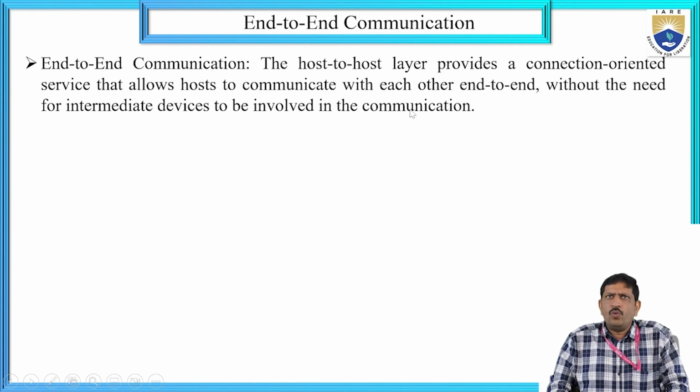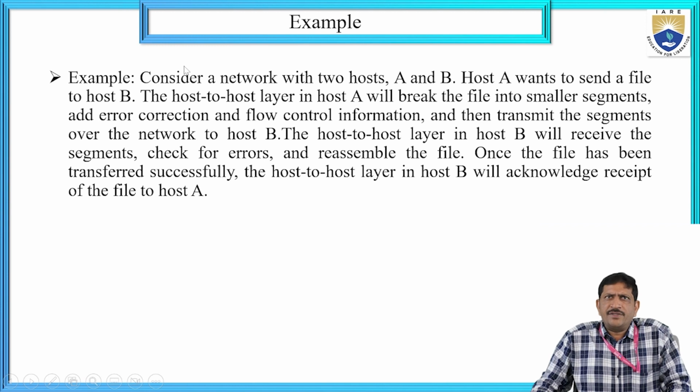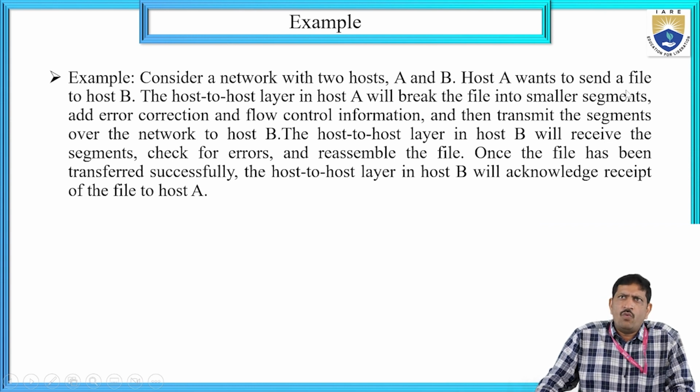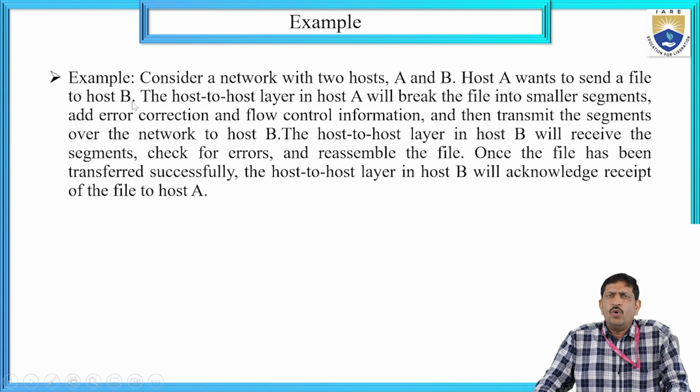For example, consider a network with two hosts A and B. Host A wants to send a file to host B. The host to host layer in host A will break the file into smaller segments, which are divided for easy transmission, error correction and flow control of the information.